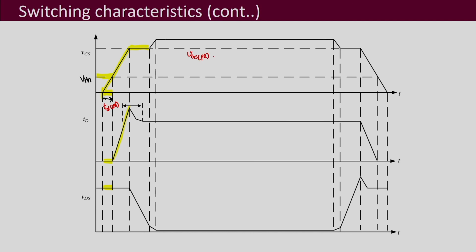Many times this is denoted like this, it may be denoted in some other way also, but this is basically the Miller voltage. During this time period, it is the current which is going to increase, and this time period we can call TRI.